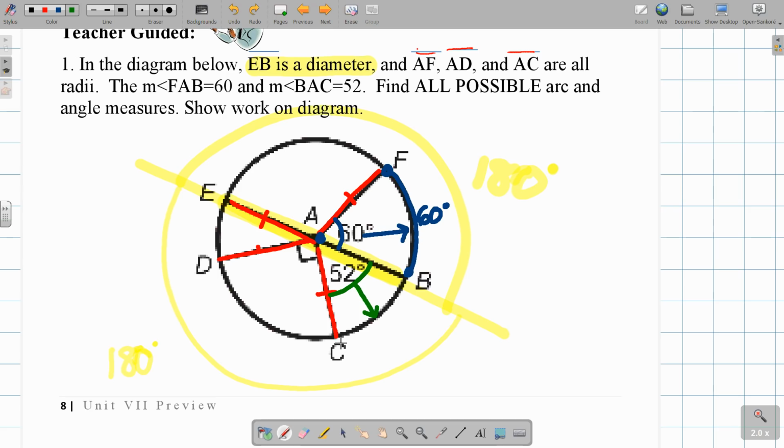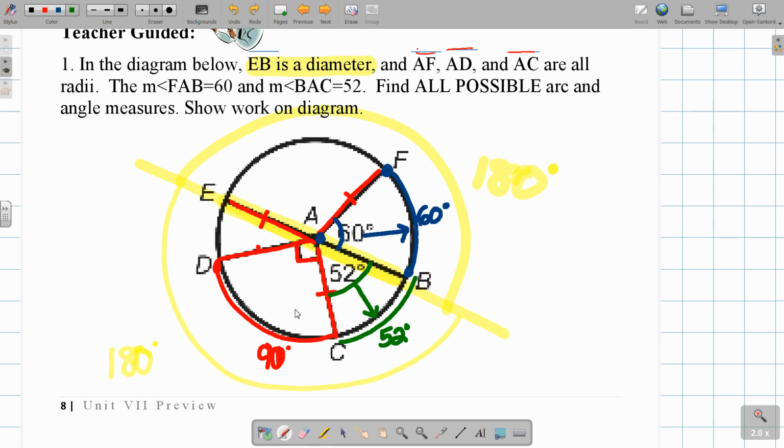Measure of a central angle to its arc there, same. Let's see what else we can find here. We have 90, which would make this arc 90.